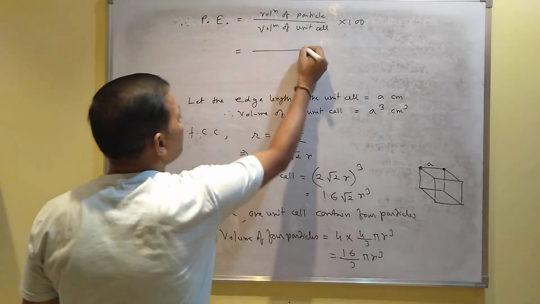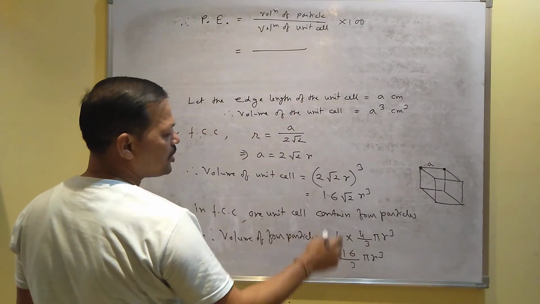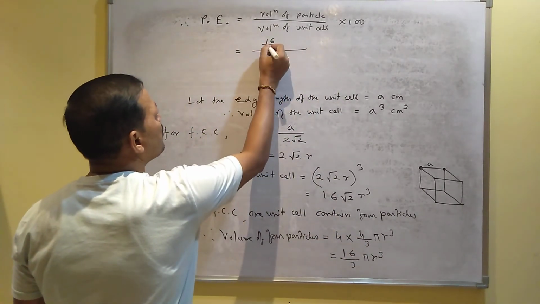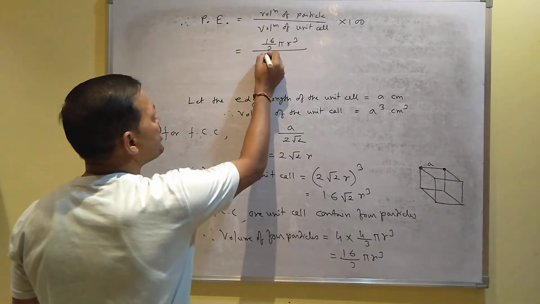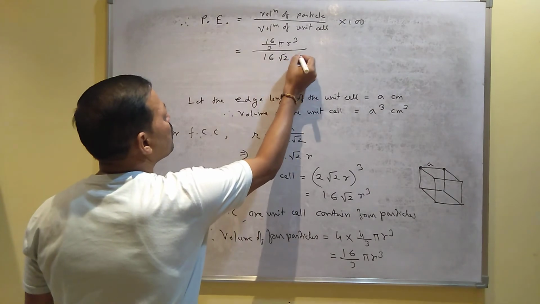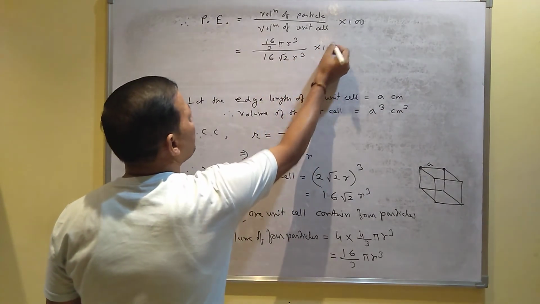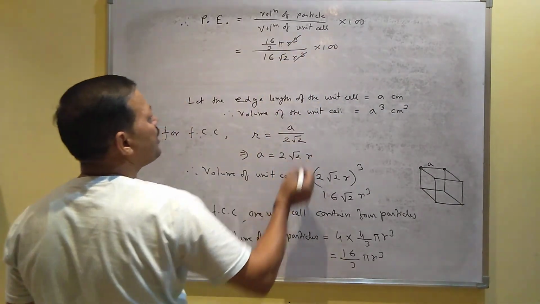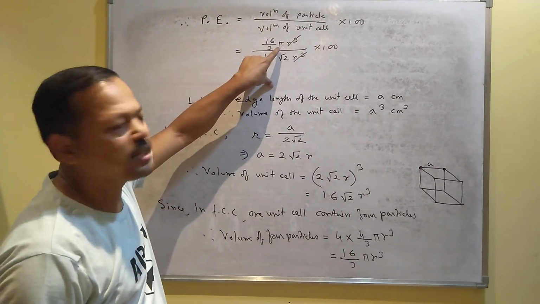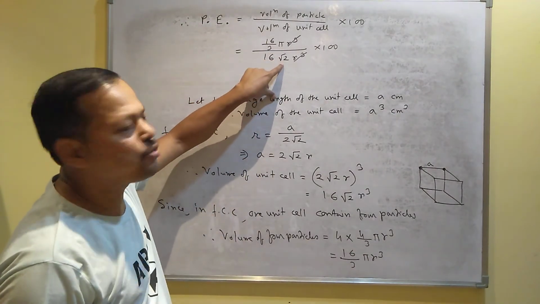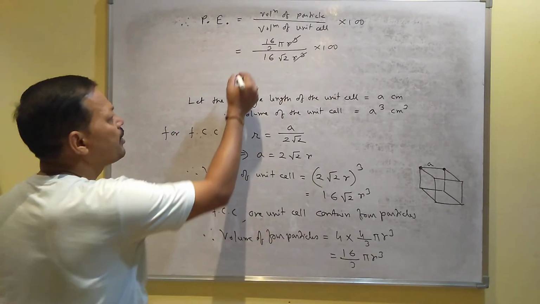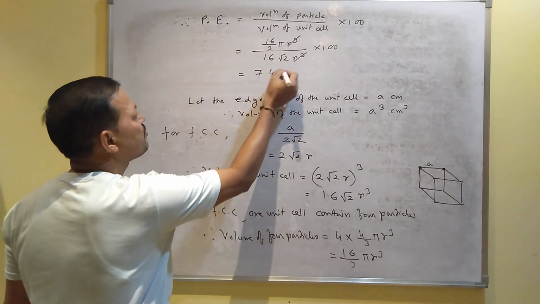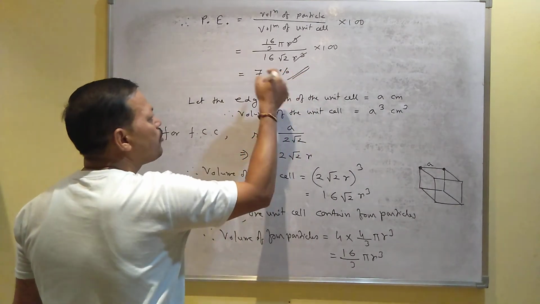So volume of particle you have got 16 by 3 pi r cubed. Volume of unit cell you have got 16 root 2 r cubed, into 100. So r cubed will be cancelled. You know the pi value is 3.14, root 2 value is 1.41. When you put all these values, after calculation you will get 74%. This is called packing efficiency.